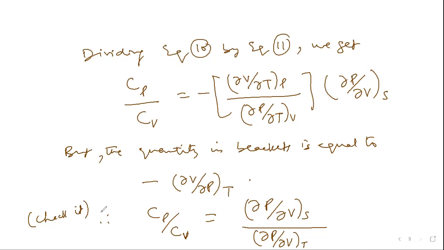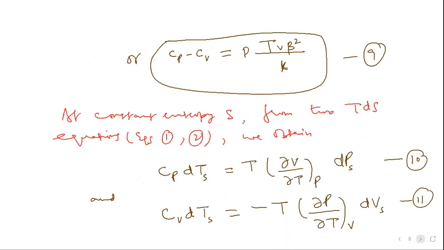It only simplifies things. So I'm writing the quantity in brackets is minus dou V by dou P at T. Therefore, Cp by Cv is equal to dou P by dou V at constant S over dou P by dou V at constant T. Let me name it. This is my 12.